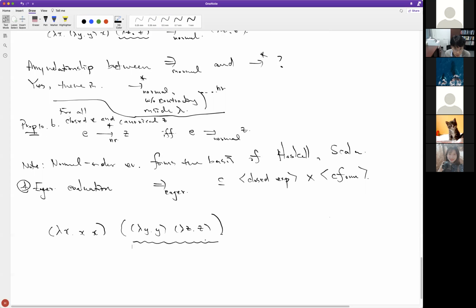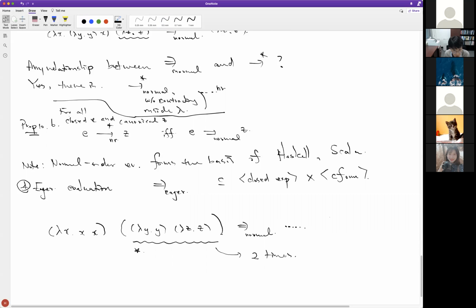Now if you follow the rules of normal order evaluation, you can check how many times we're going to contract this beta redex, lambda y dot y applied to lambda z dot z. In normal order evaluation there will be more steps, but this particular beta redex is going to be reduced twice.